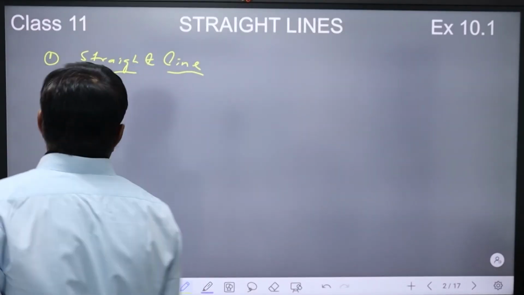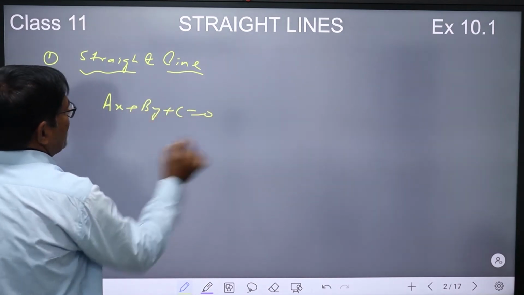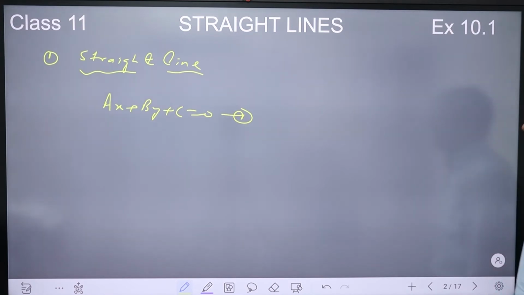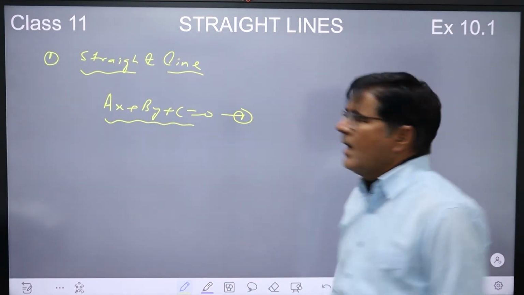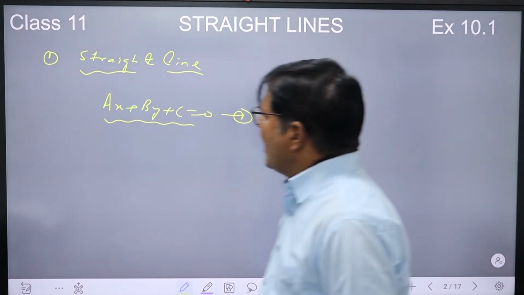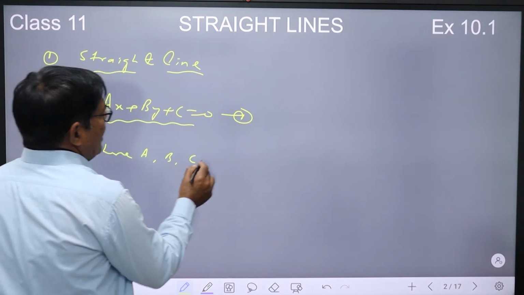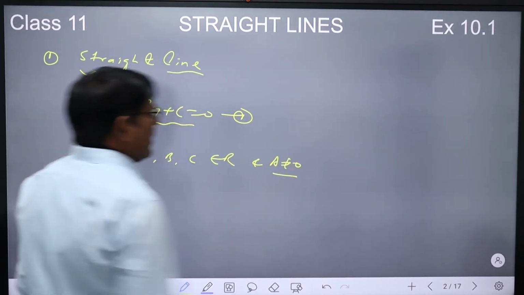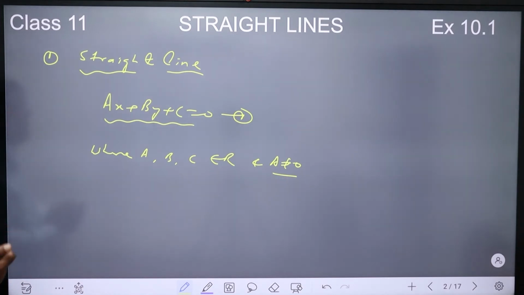So every linear equation of the form ax plus by plus c is equals to 0, or we can say an algebraic expression of the form ax plus by plus c if put equals to 0, then this is the general representation of a straight line, or we can say the equation of a line where a, b, c belongs to set of real number and a cannot be equals to 0. So an equation of the form ax plus by plus c is equals to 0 represents a straight line in two variables x and y.